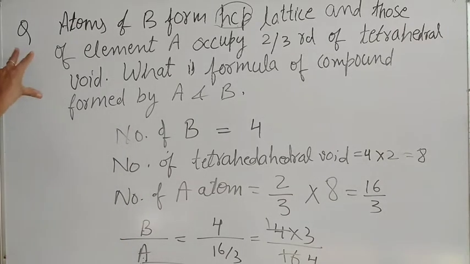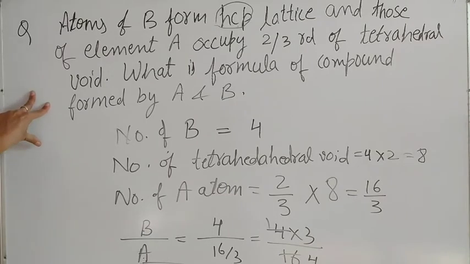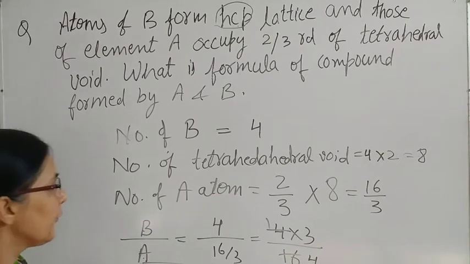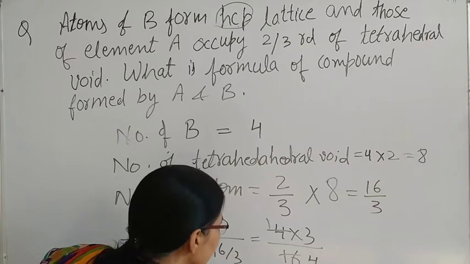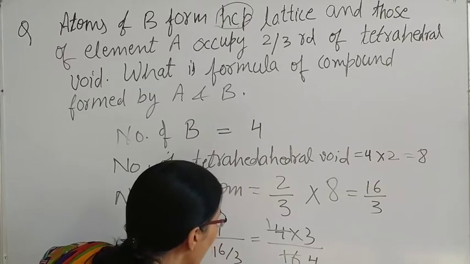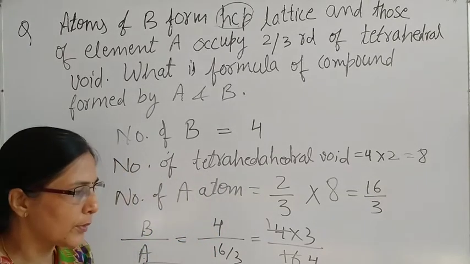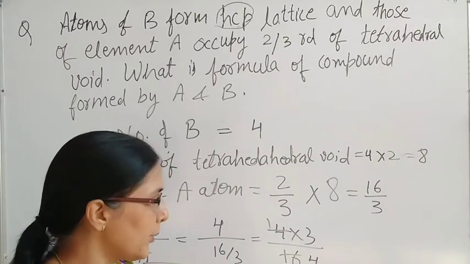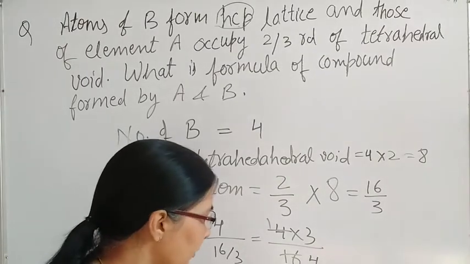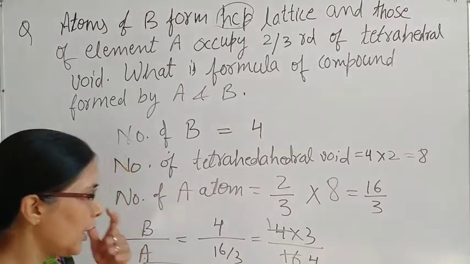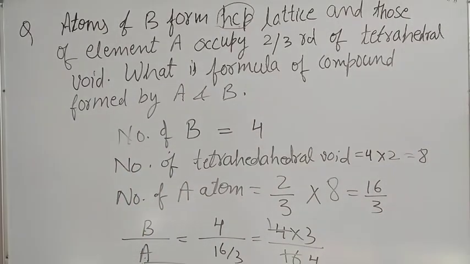In this question, which one is cation and which one is anion is not given. You can write A4B3 or B3A4. In all, the number of A atoms is 4 and the number of B atoms is 3. So A4B3 will be the formula.